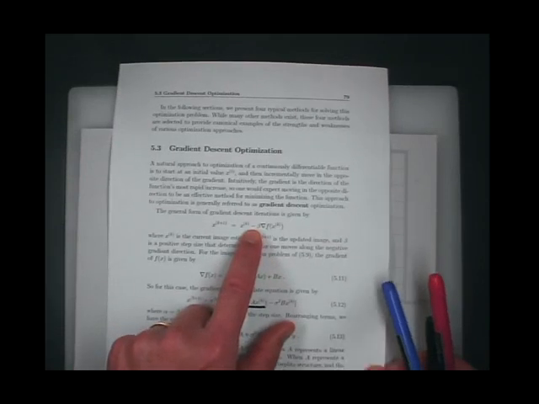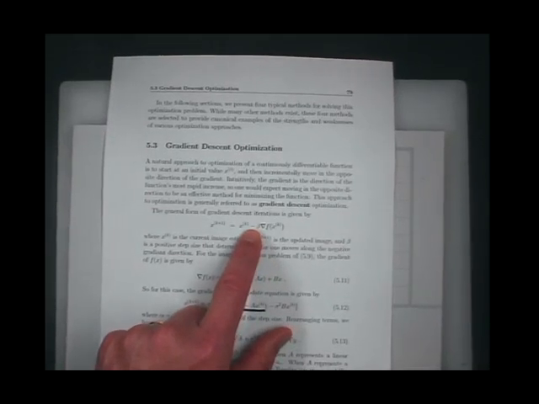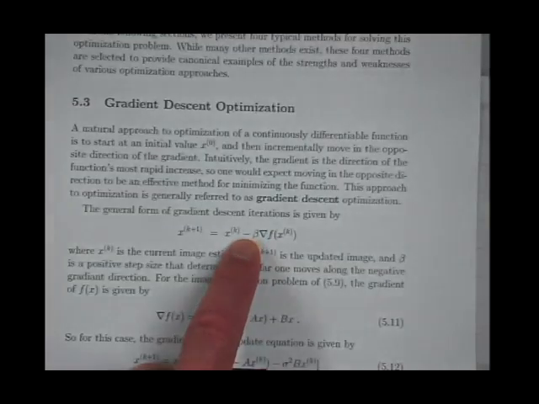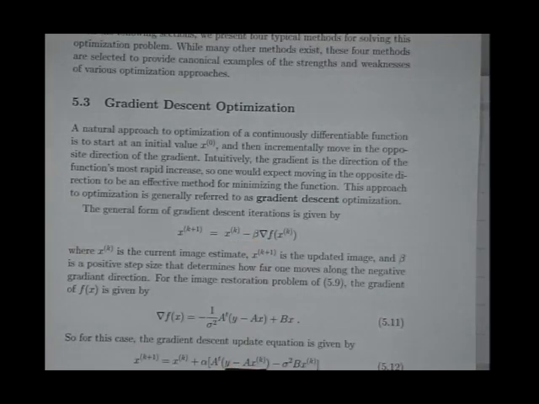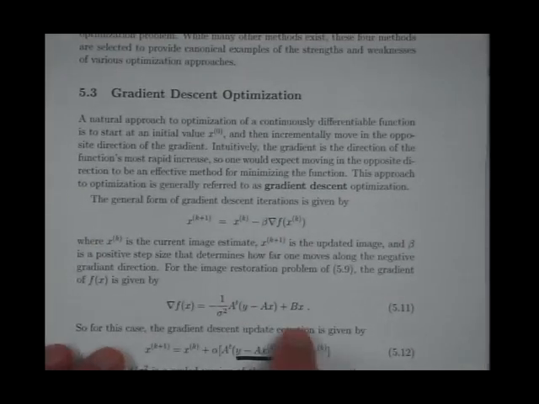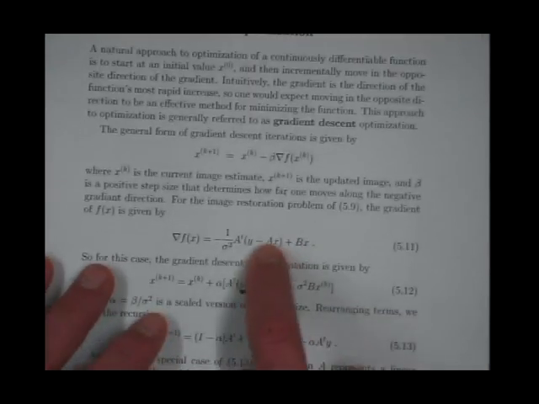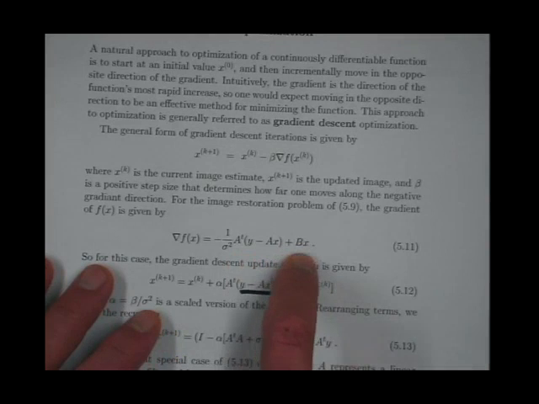So basically, in gradient descent, this is the basic iteration: you compute the gradient, you move in the opposite direction. Okay. And then, if you calculate the gradient of the quadratic function, it is A transpose (1 minus AX) plus BX.